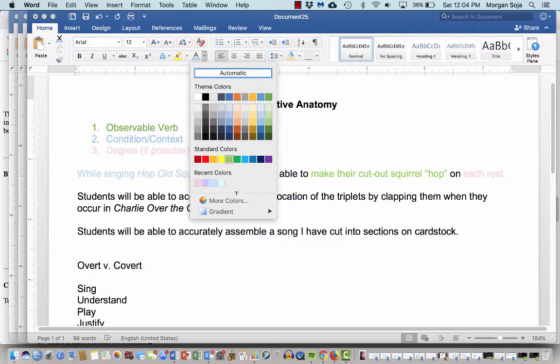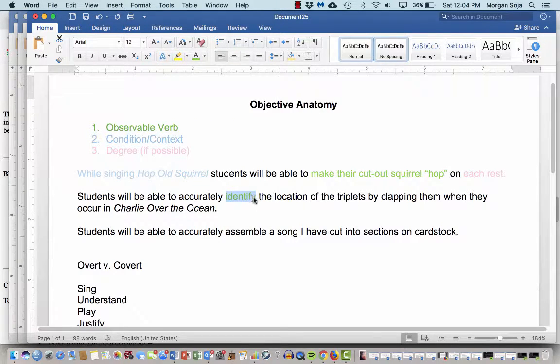It says what we want the students to do, but it doesn't say exactly how we want them to identify. So it could be a little bit more clear. We've got a little bit more clear here by clapping them. So that's actually the thing. We could get rid of identify entirely, and we might be able to rewrite this, but let's keep going.